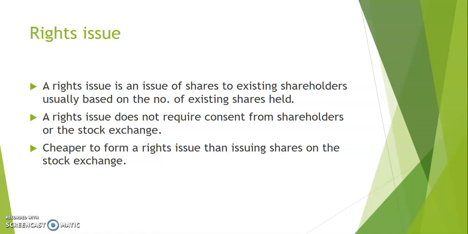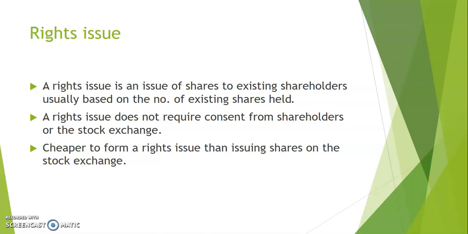One of the main benefits of doing a rights issue is you are not selling shares to the public, you are selling them to existing shareholders, which means you are not diluting control. If you were to sell shares to new shareholders, you would lose more control in terms of decision making. However, if you sell them to existing shareholders, whatever existing shareholders decide to do is going to continue anyway.